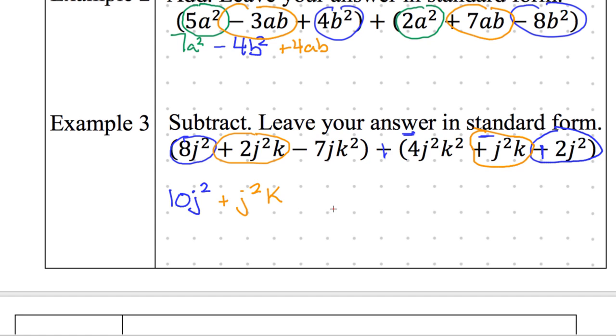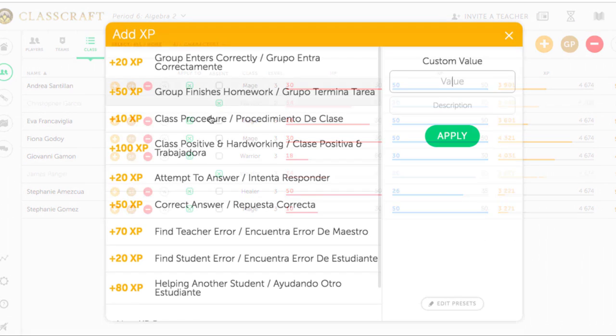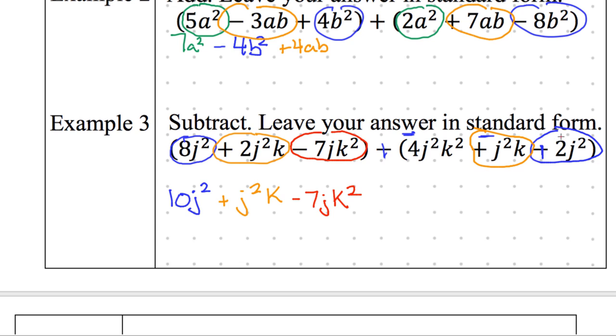Go for it, Andrea. Minus 7J K squared. Okay, and that combines with what? Nothing? Okay, so just write it down. Minus 7 JK squared. Very nice. I tried to trick you. Didn't fall for it. You almost did, but you didn't quite.